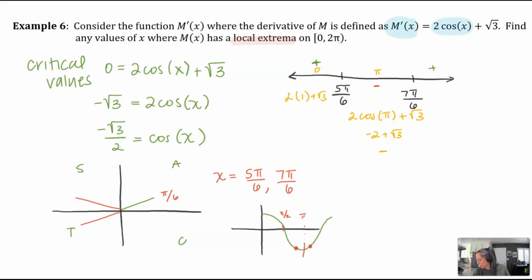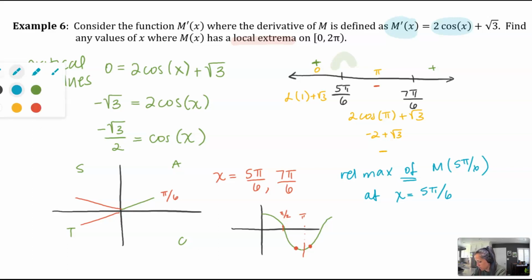Oh, we need local extrema. We could say here, we know we have a positive to negative, a relative max of m of 5 pi over 6, at x equal to 5 pi over 6.